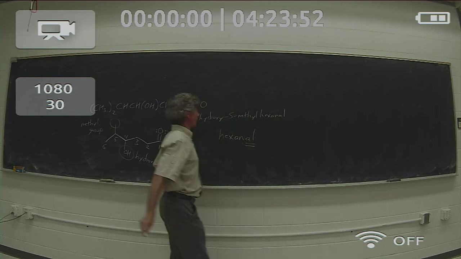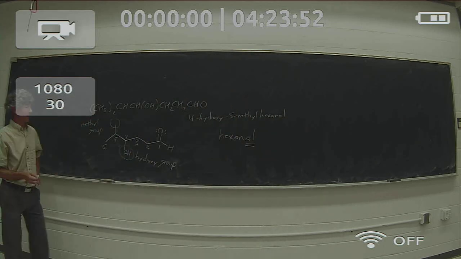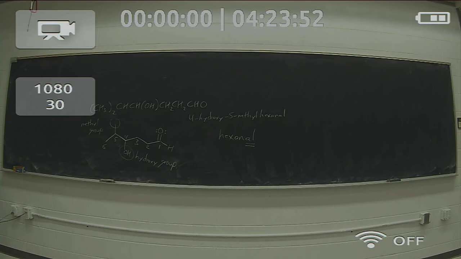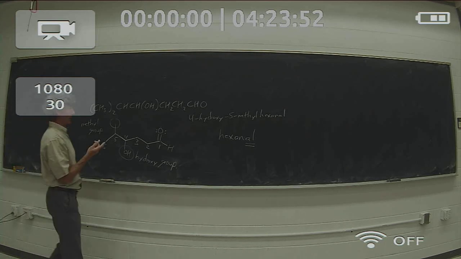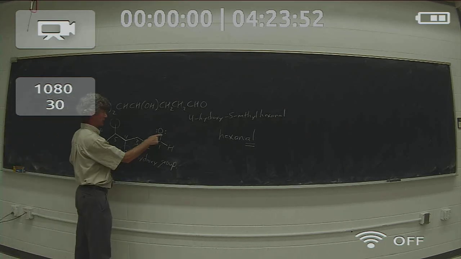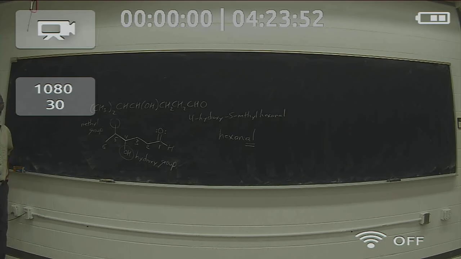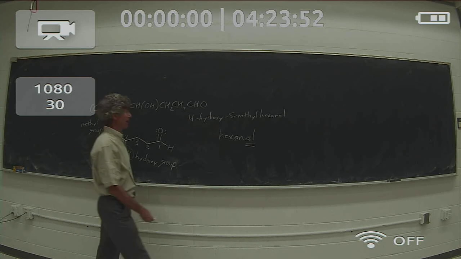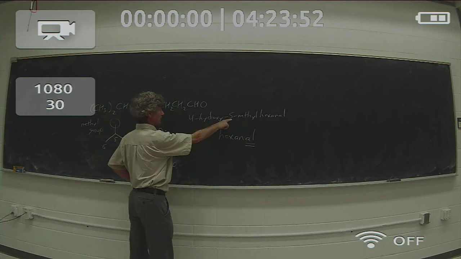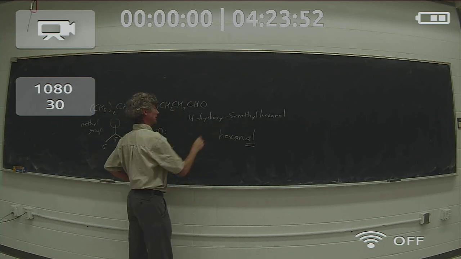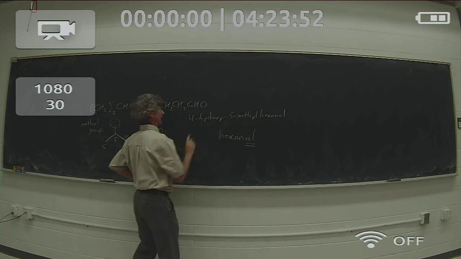You'll notice it's not necessary to specify that the aldehyde is at carbon 1. It has to be carbon 1 because the aldehyde functional group has a carbon attached doubly to an oxygen, singly to a hydrogen. That can only happen if it's at the end of the chain. In 4-hydroxy 5-methyl hexanal, you'll notice that the numbers are set apart from the letters in the name by dashes.